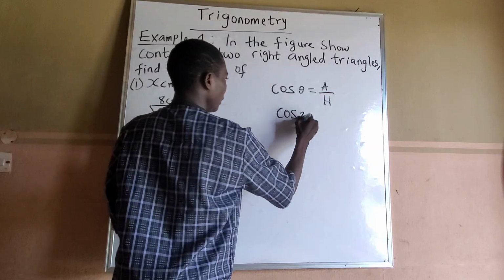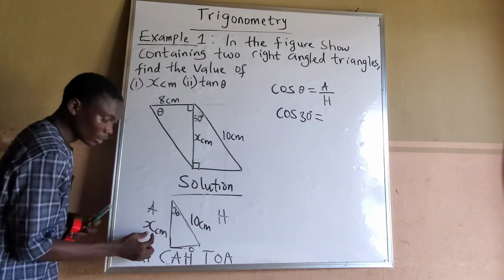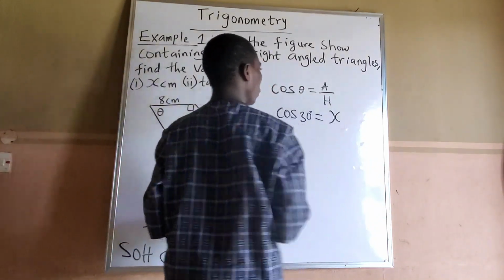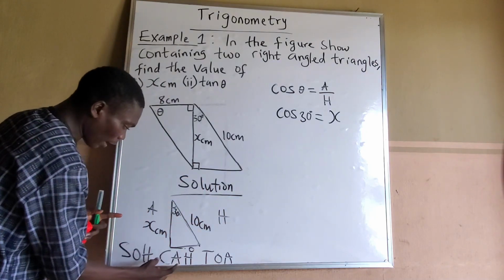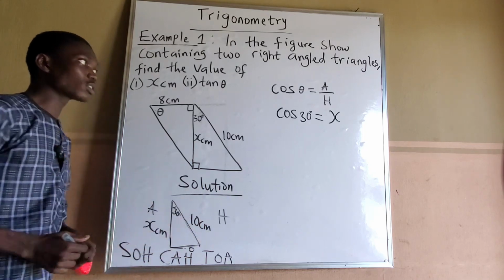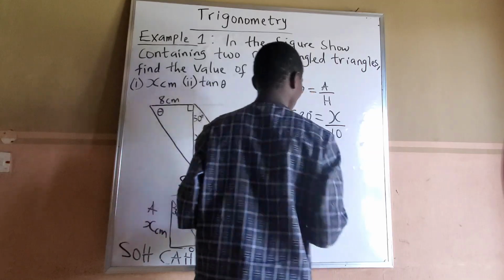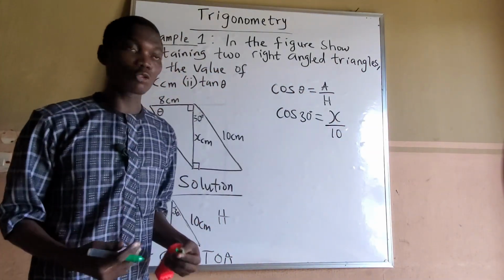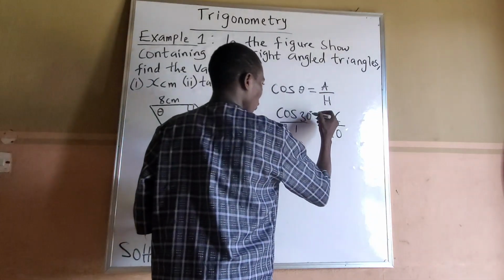I will write it as cos 30 degree equals, what is adjacent? The adjacent is unknown, which is X centimeter. So our adjacent is X. Then what is our hypotenuse? The longest side. The hypotenuse is given as 10 centimeter, all over 10. Okay. So I need to calculate the value of X. This is the same thing as over 1. So I will just cross multiply.